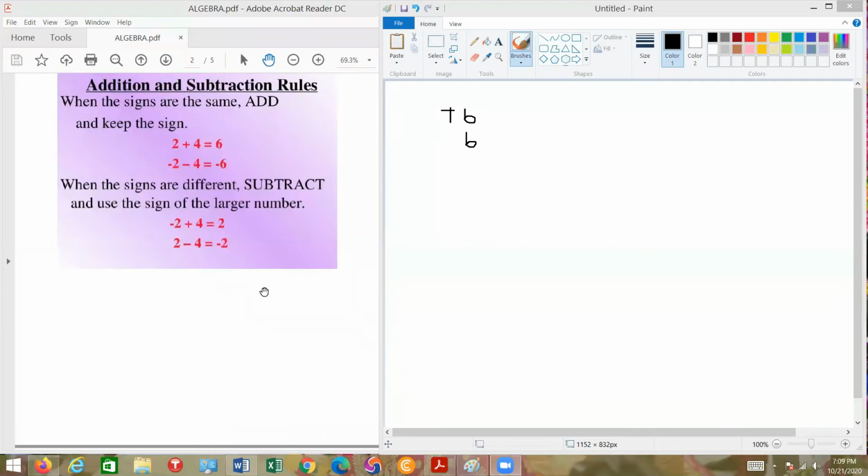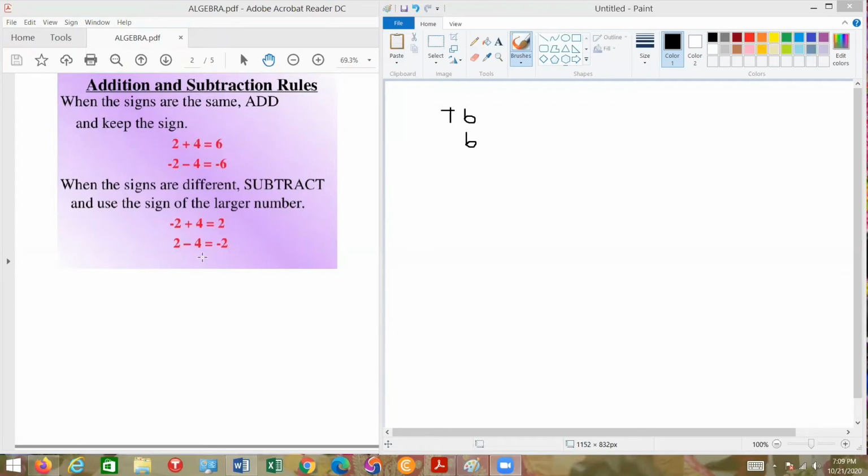You must have a reason why you put your positive, why you put your negative, and you can only be sure when you're following the rules. So if you look here, the number that's bigger is 4. The sign in front of it is positive. So the answer here is going to be positive 2.